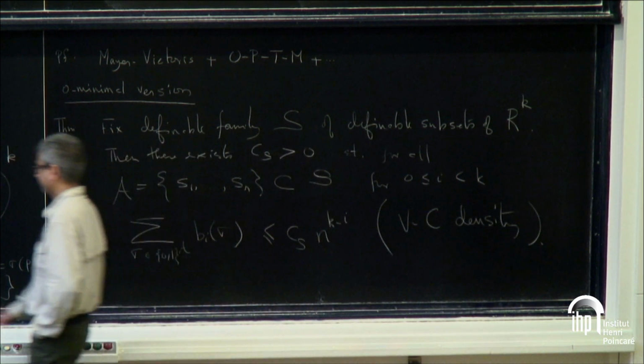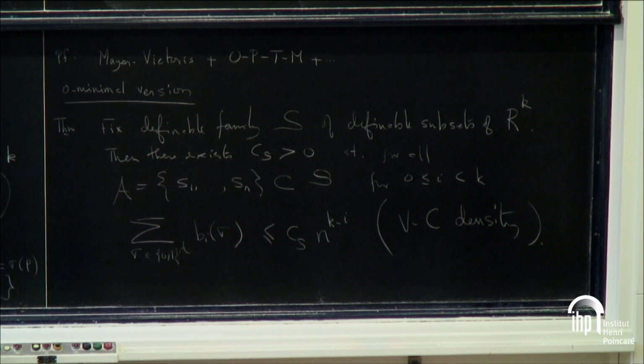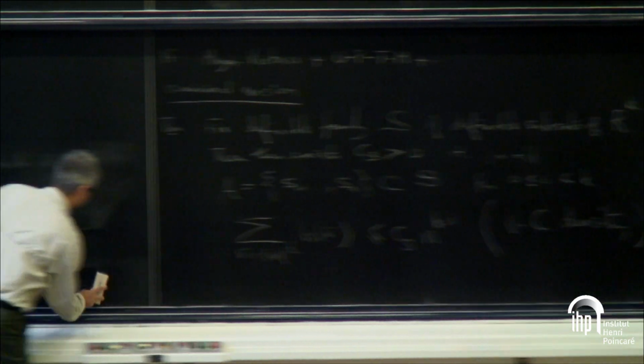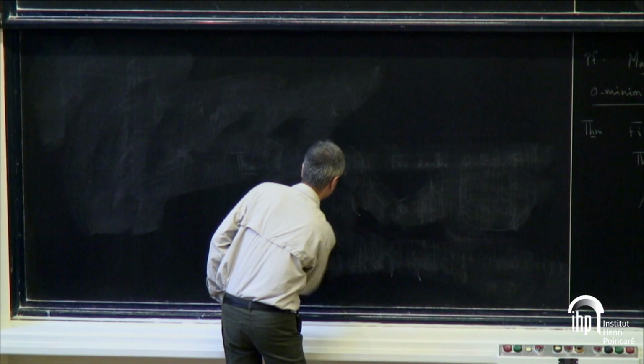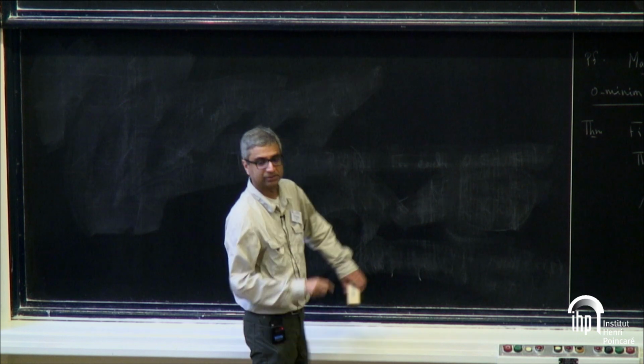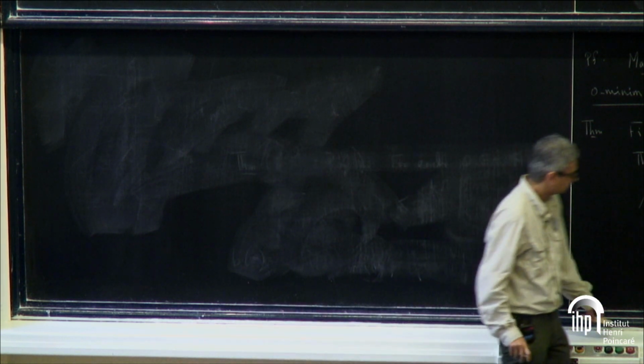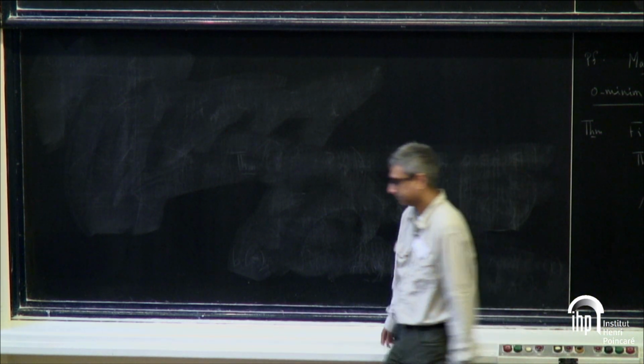However, you can ask for something more. You can ask for what's usually called a cylindrical decomposition, which is a very important construction in semi-algebraic as well as o-minimal geometry. But you can ask for a quantitative version of it.